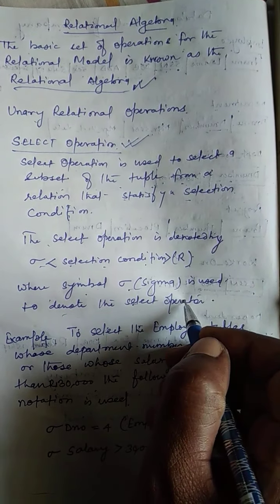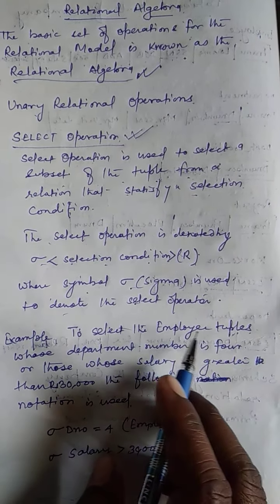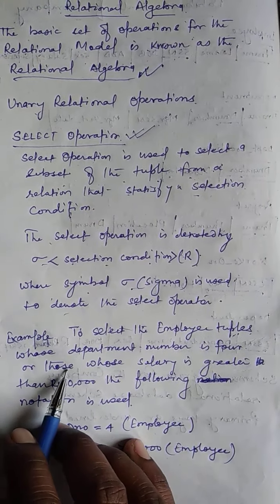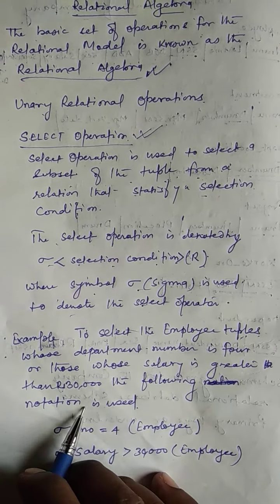Select operator example: to select the employee tuples whose department number is 4 or those whose salary is greater than 30,000, the following notation is used.